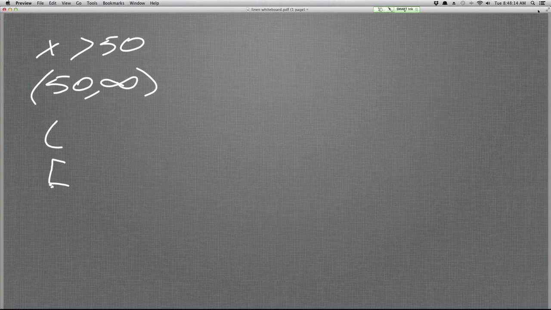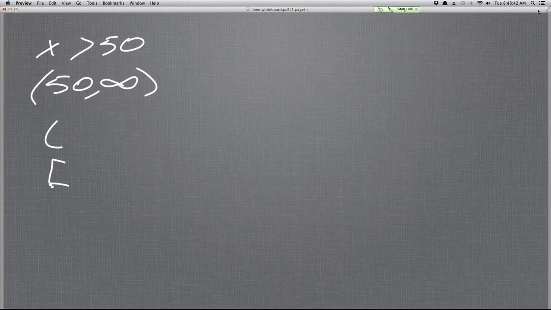And that's usually the hardest part for you guys to keep straight: when do I use a parenthesis, when do I use a bracket. Okay, bracket means the number is included. Parenthesis means the number is not included. So for an interval, you need the small number and the big number, the two numbers that encase all the numbers the set's talking about.